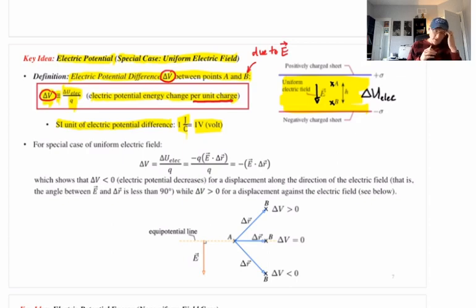So I want to say just a word about names here and symbols to represent quantities. Because there's some things going on here that are a little bit confusing and unfortunate.